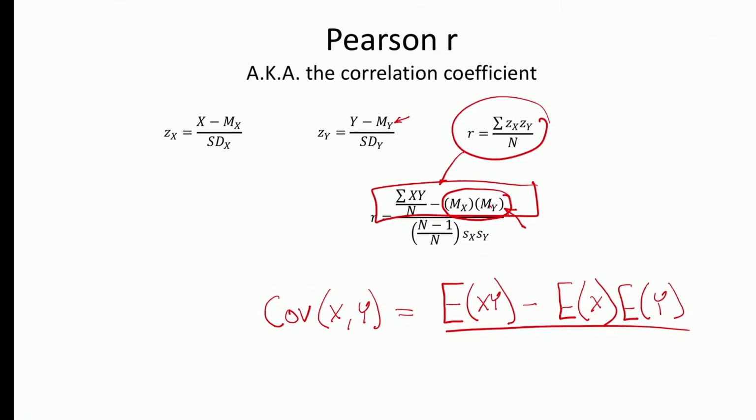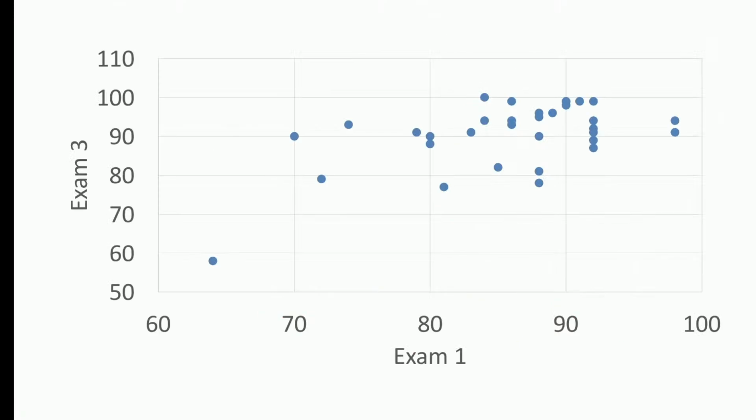I'll show you those in a minute, but before I do, let me just show you a typical scatter plot of, like, when you're comparing two exams. These are the same class. Here's exam 1, exam 3. And you would imagine that the higher grades you have on exam 1, the higher your grade will be on exam 3. So there's a positive correlation between exam 1 and exam 3.